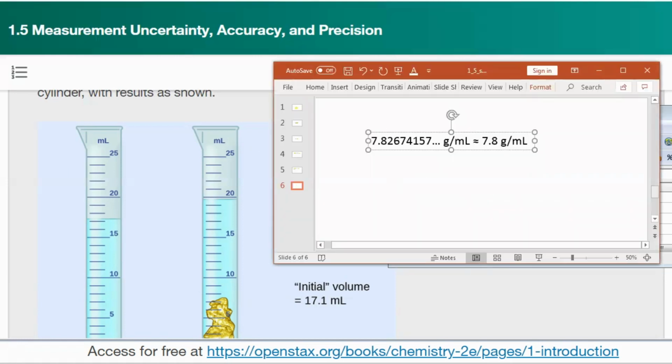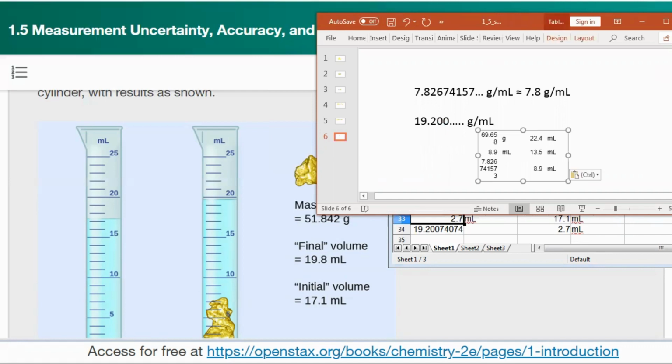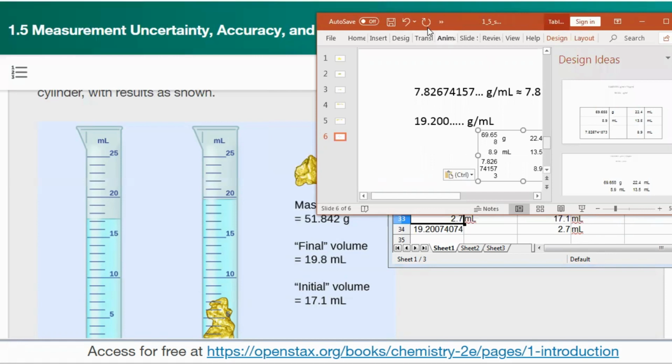So I'm just going to use this template here. And the number we have is something like 19.200. And that would be grams per milliliter, and that is approximately, oh, let me back up.